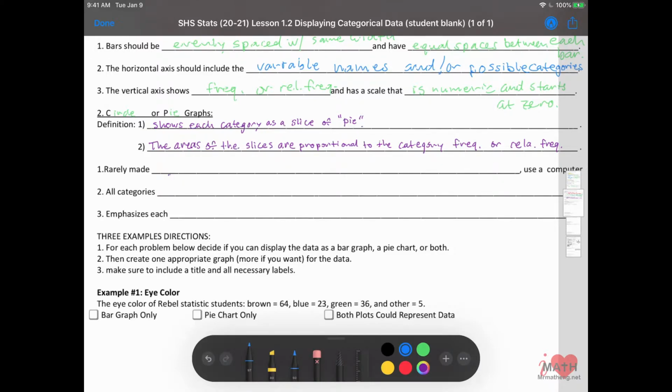Circle and pie graphs are rarely made by hand. So use a computer.